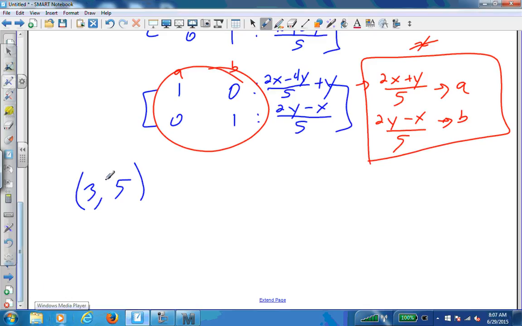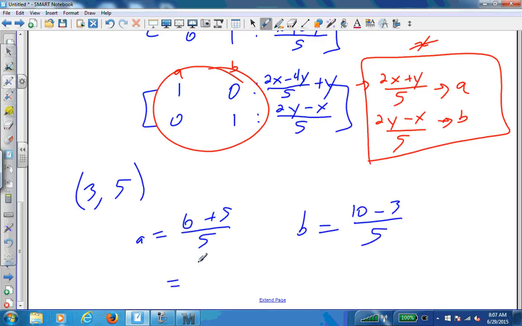So if I'm trying to achieve 3, 5, then A would be 2 times 3 plus 5 over 5. B would be 2 times 5 minus 3 over 5. So 11/5 and 7/5 is what we need to get 3, 5.